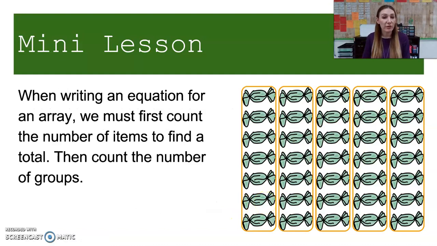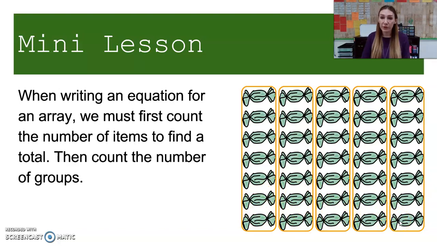When writing an equation for an array, we must first count the number of items to find a total, then count the number of groups. So if I count these candies, 1, 2, 3, and so on up to 35.